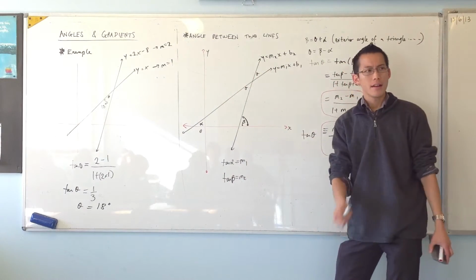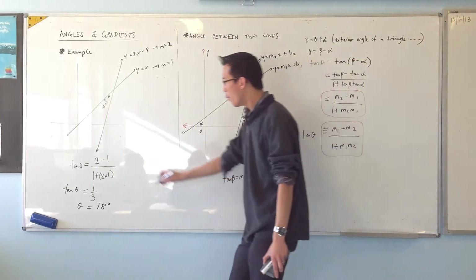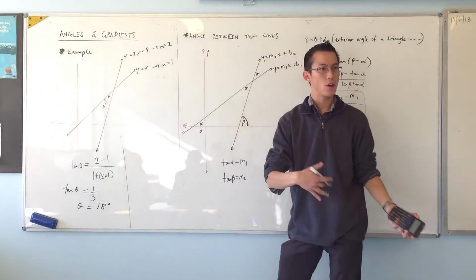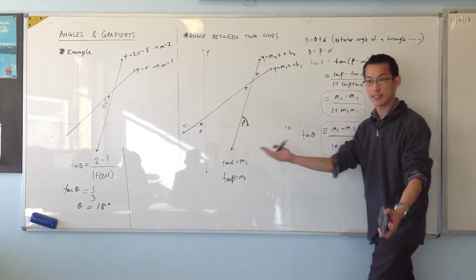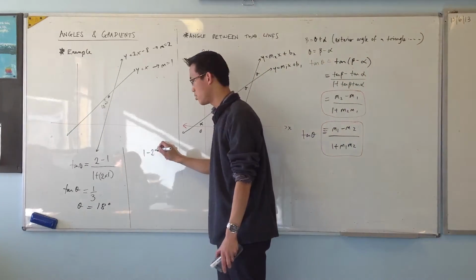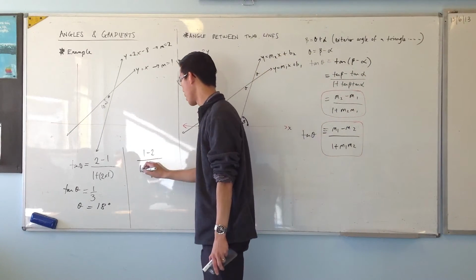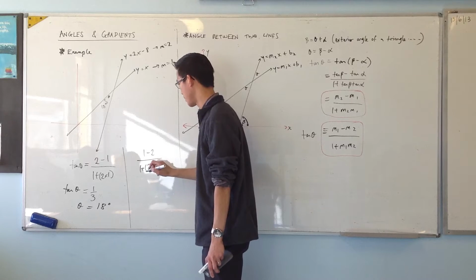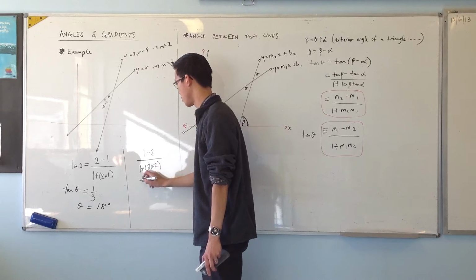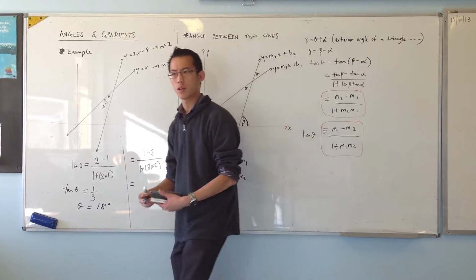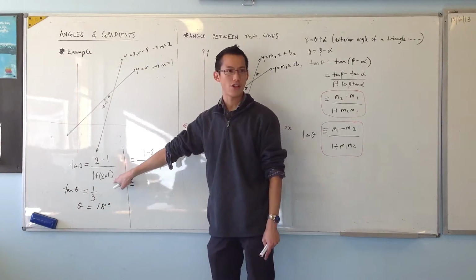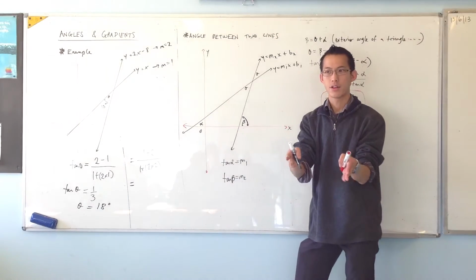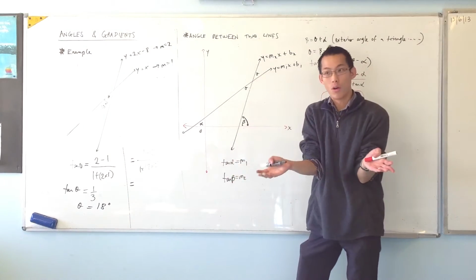I know my diagram's not perfect, but it does look like it's in the ballpark, okay? Now, let's just consider for a second, what would have happened if I did the order the other way around? If I swapped them around and did instead 1 minus 2 over 1 plus 2, well, I guess it should be 1 times 2. What difference would it make? Well, in the denominator you've got m1 m2, so it's multiplication, and it doesn't matter what order you put things in.